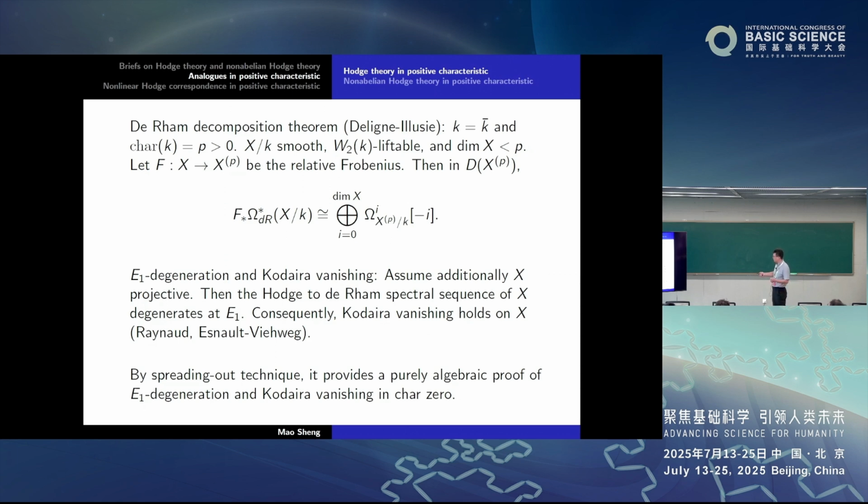In the statement you don't assume X is proper. It's smooth, but using standard techniques you can show this Hodge degeneration statement in characteristic 0. So this is really a triumph for algebraic geometry.